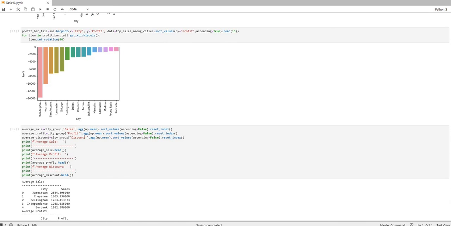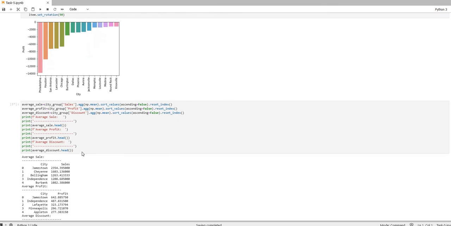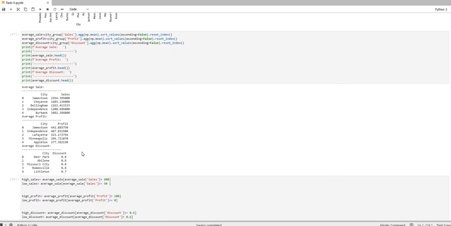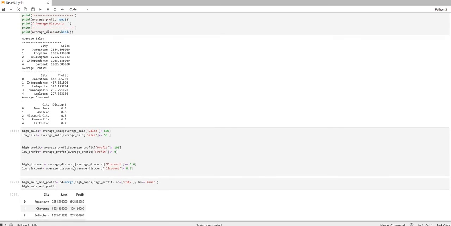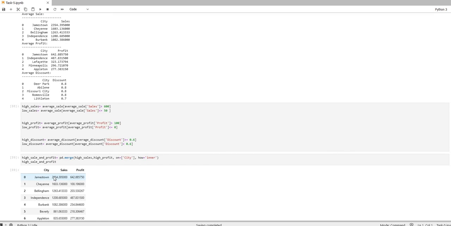Next, I have calculated average sales, profits and discount. I have defined some variables and assigned filtered data to them. Now let's merge two data tables of high sales and high profits. Here Jamestown has high sales and high profit on average.